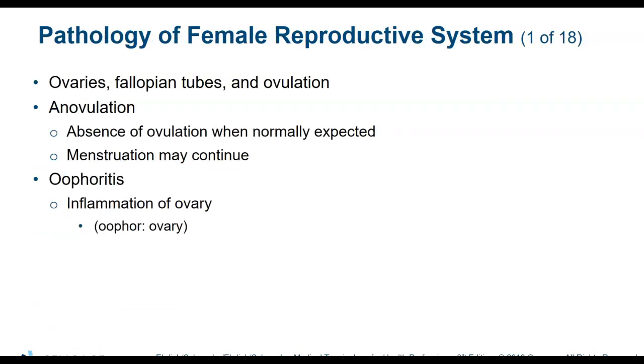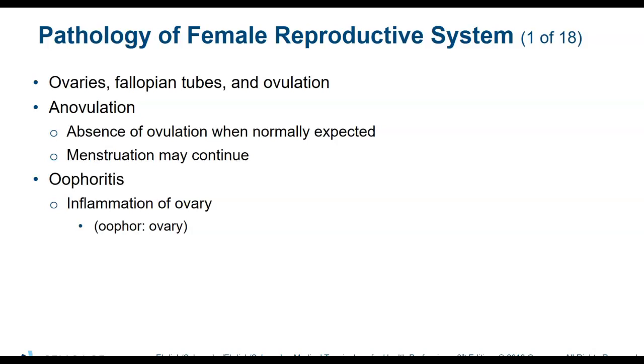Okay, so different pathologies of the female reproductive system. We have the disorders of the ovaries, the fallopian tubes, and ovulation. Anovulation is the absence of ovulation when normally expected. Menstruation may continue, but there just may not be an egg that should be there.